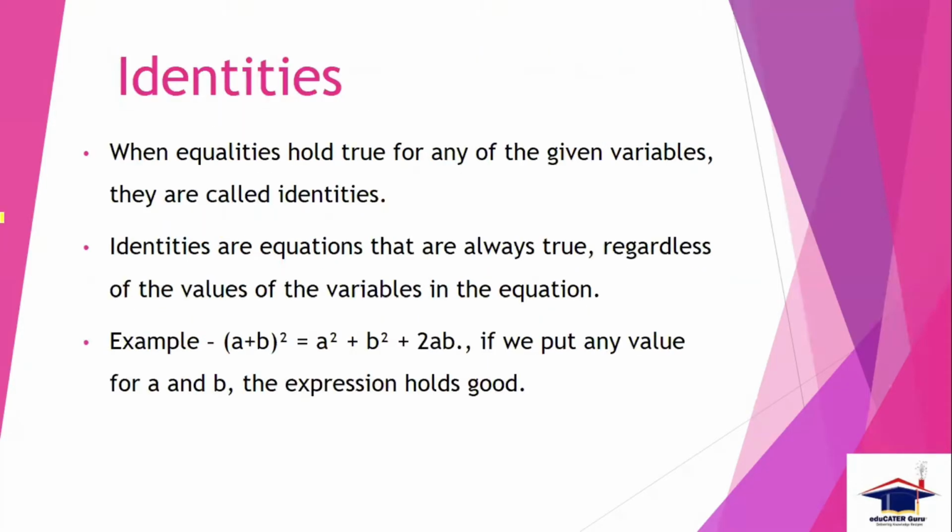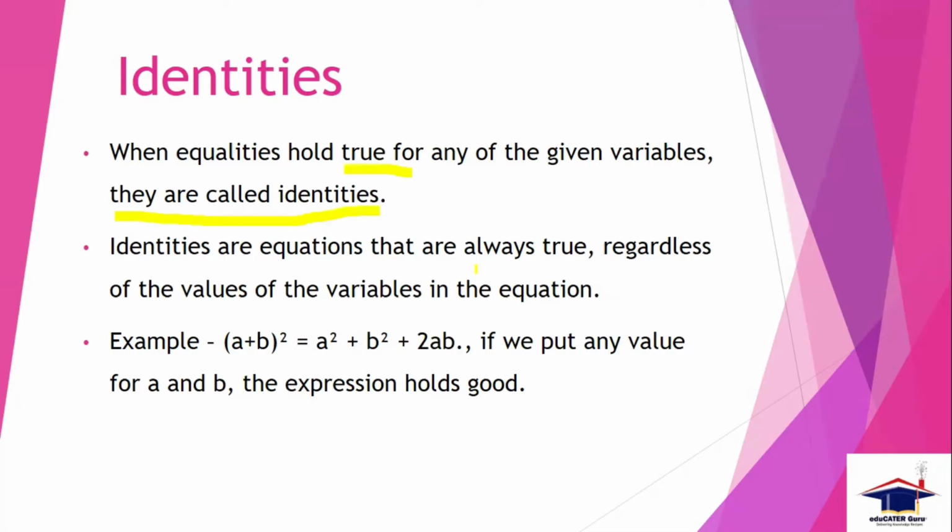So, now what is identity? Identities. When equalities hold true for any of the given variables, they are called identities. For example, in the previous slide, we saw x plus y equals 7. So, for example, if x is 2 and y is 5, so 2 plus 5 equals 7. So, if that equation holds the value true, then it is called identities.